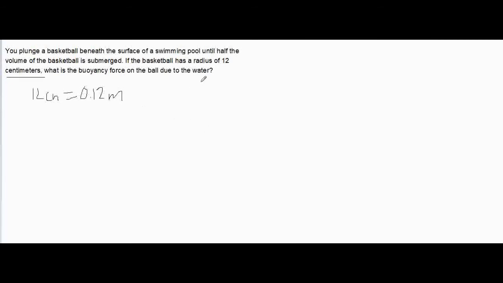Okay. Now what we need to do is find the volume of the entire basketball, then divide it by half. The basketball is a sphere, so we use the formula 4/3 pi r cubed. That's 4/3 times 3.14 times 0.12 cubed.